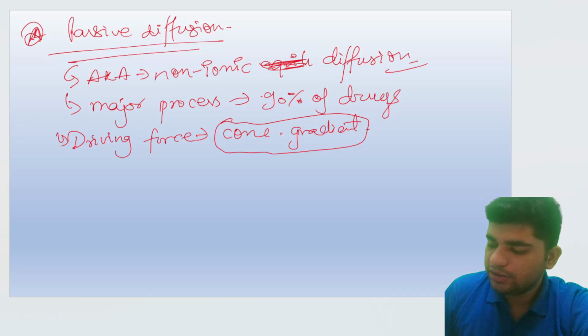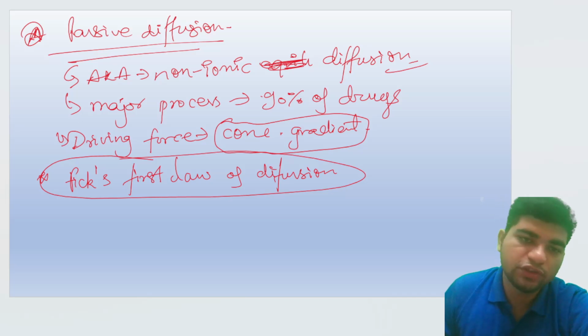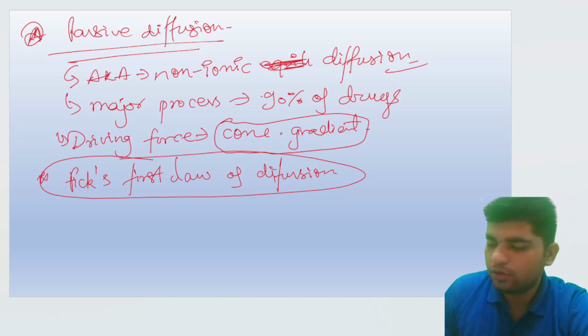Now there is a law, that is Fick's first law of diffusion. So passive diffusion depends on Fick's first law of diffusion. What does it say?